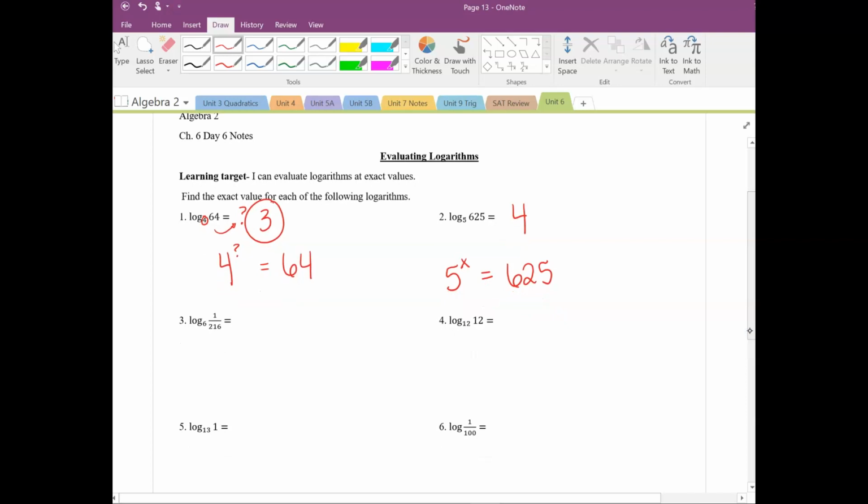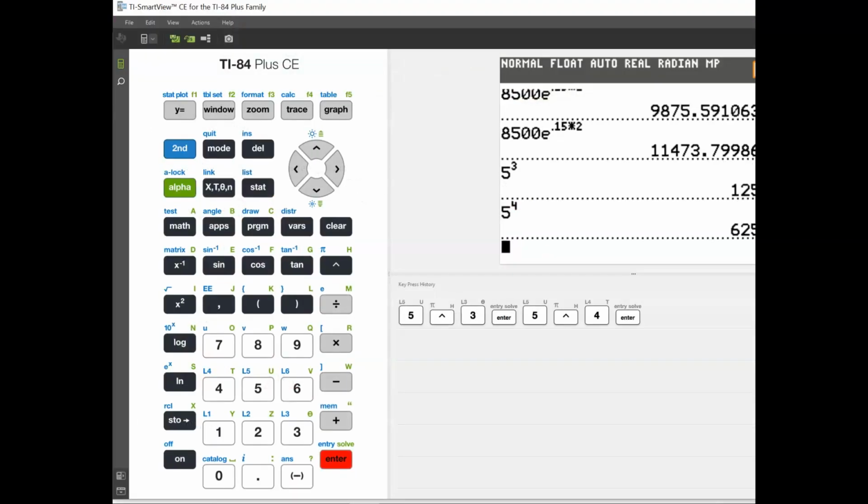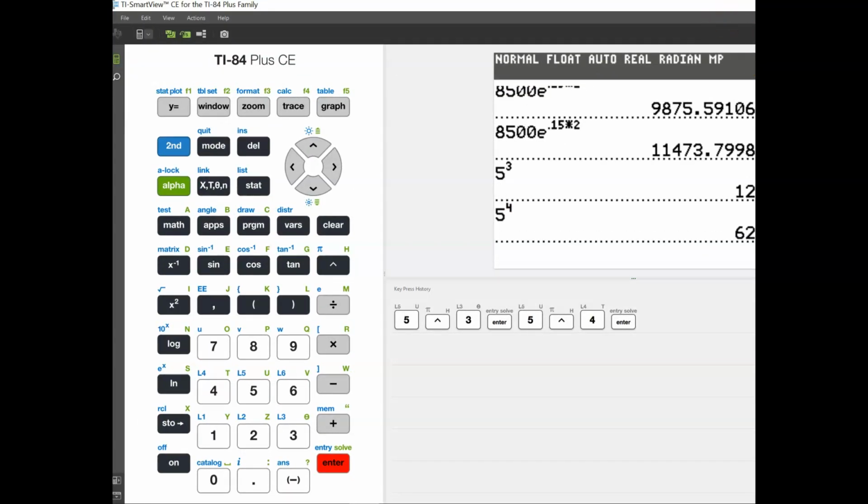Okay, we get a little bit more complicated here because now we've got log base 6 of 1 over 216. So now I'm asking myself, 6 to what power will give me 1 over 216? And now I have to remember my properties of exponents here. In order to end up with division, I'm going to need a negative exponent. So I'm going to work on my calculator showing me negative exponents.